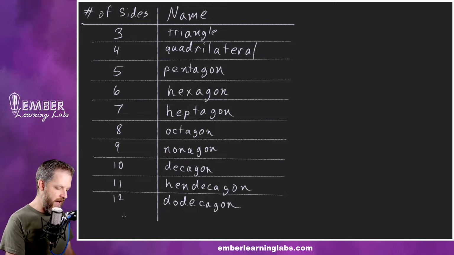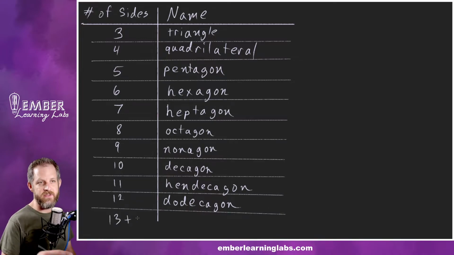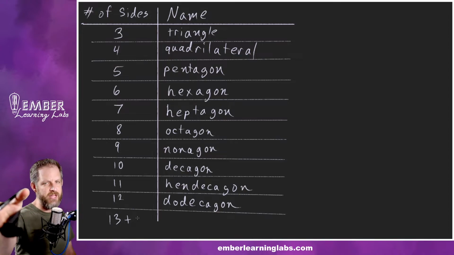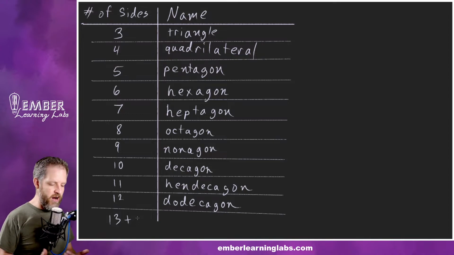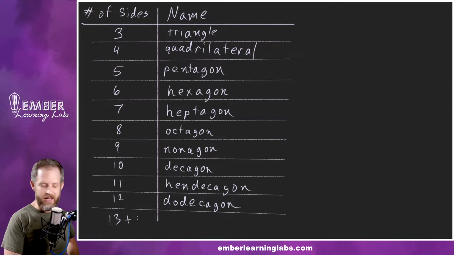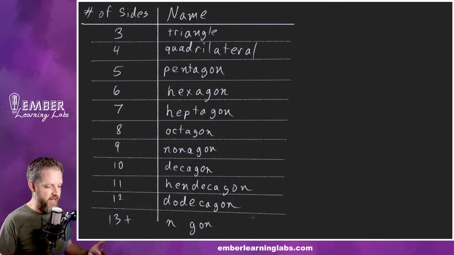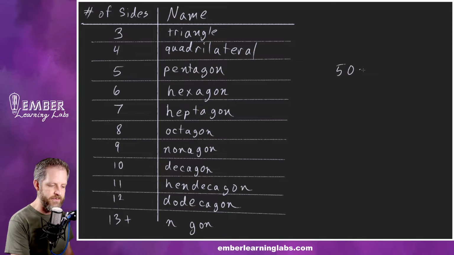And 13 plus, so 13, 14, 15, teen. Oh, wait, kind of broke it, but you get the point. Anything beyond 12 we call an n-gon. So, in other words, if we have a 50-sided figure, that would be a 50-gon, right?